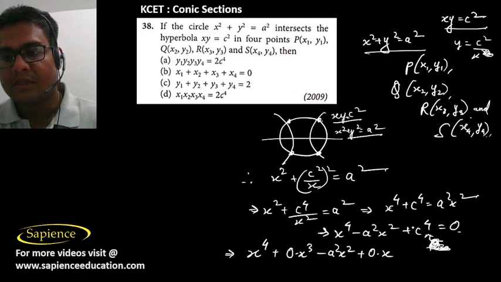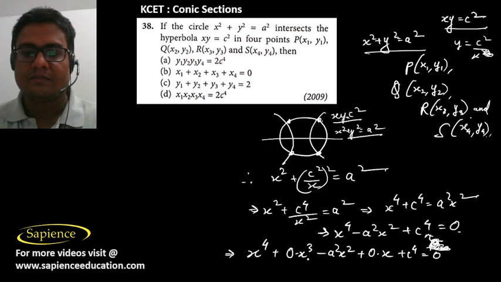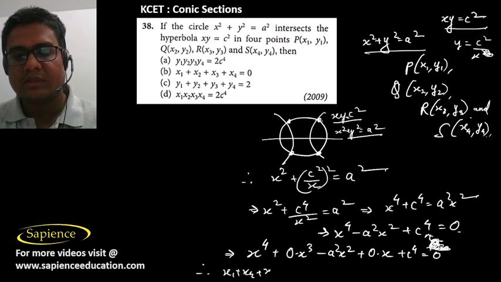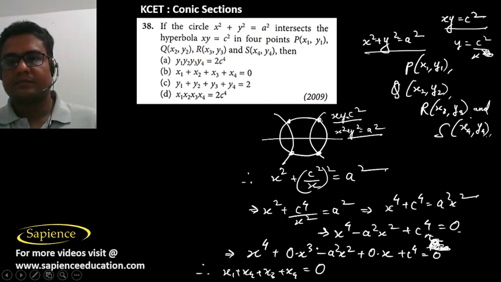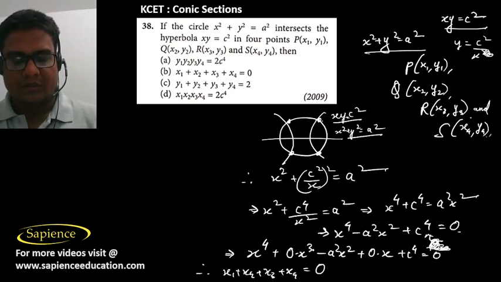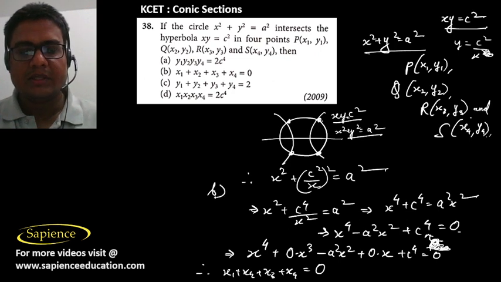So the sum of the roots, x1 plus x2 plus x3 plus x4, should be equal to 0. It means that option B is the correct answer.